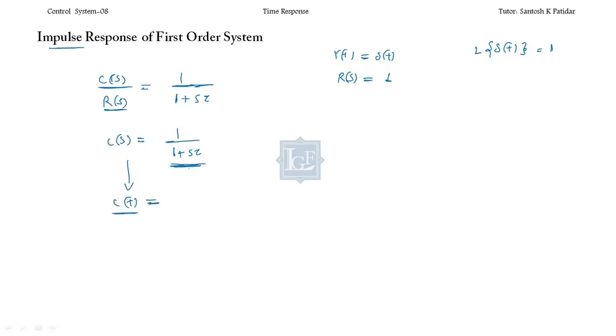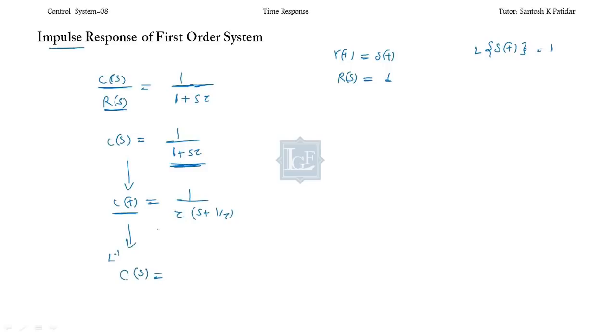So what is the L inverse of this? Let's take tau out. It is tau times S plus 1 by tau in the denominator. Now we'll take the L inverse of this.